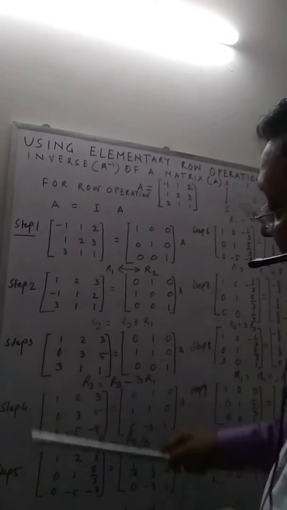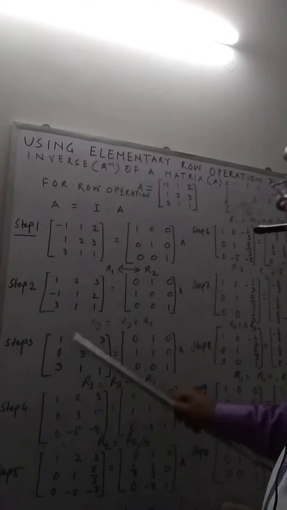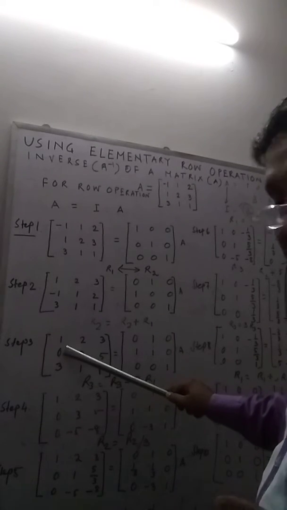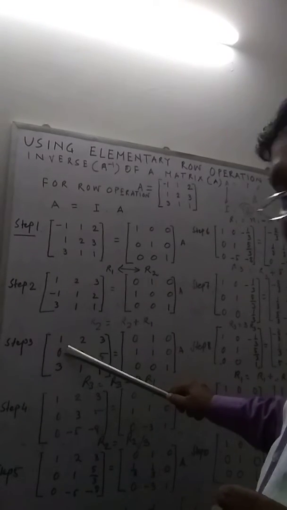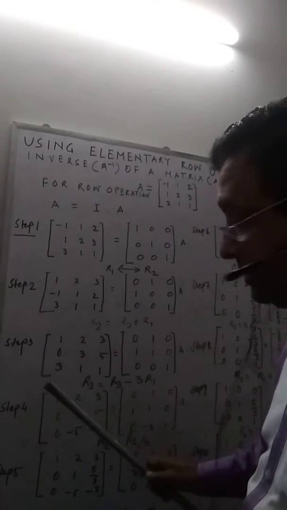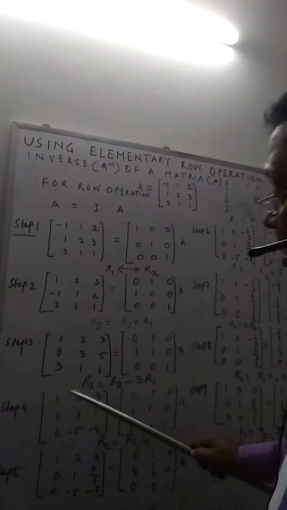Now my next target is to make this part 0, that is, my first column. First I have made it 1. Then in the first column, the second row is 0. This is the A21 position in the matrix, and this is the A31 position. This part I have to make 0. Now, how do I get this 0?